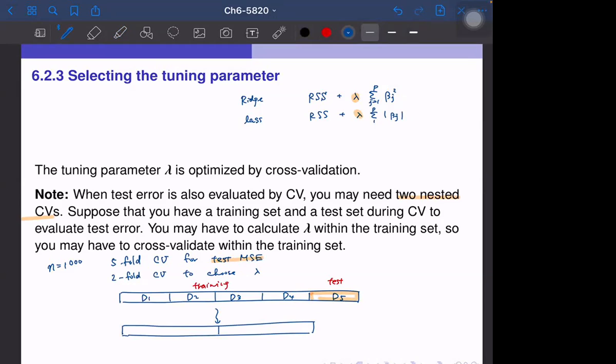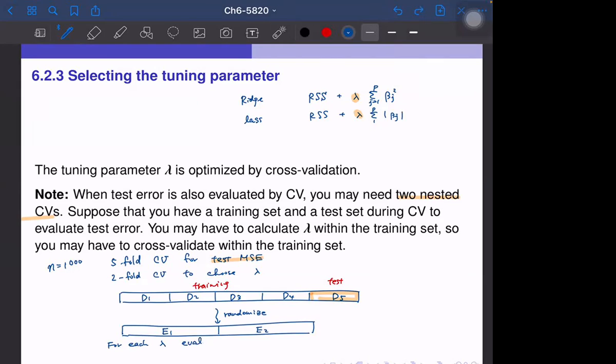I don't know how to say this, but suppose this is the set E1 and set E2. Randomize. Then for each lambda, evaluate.